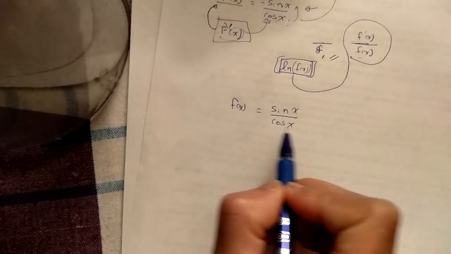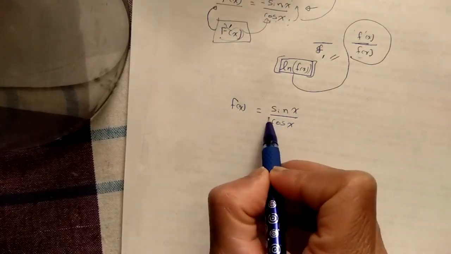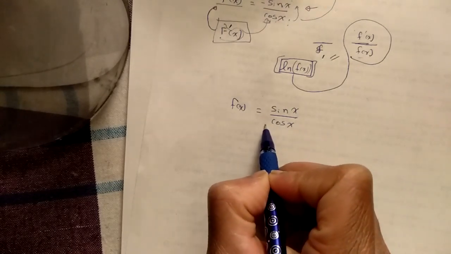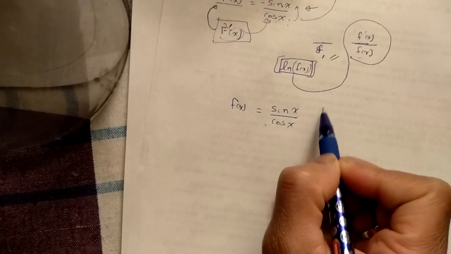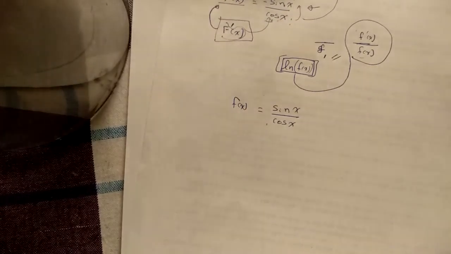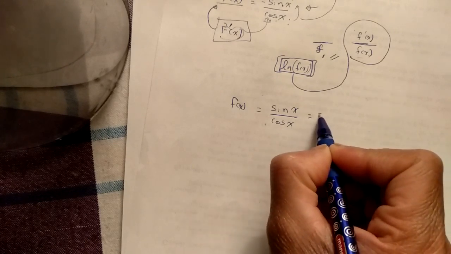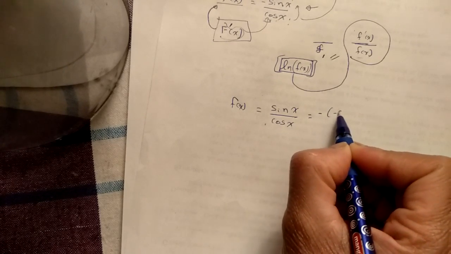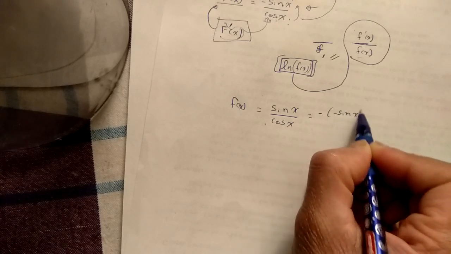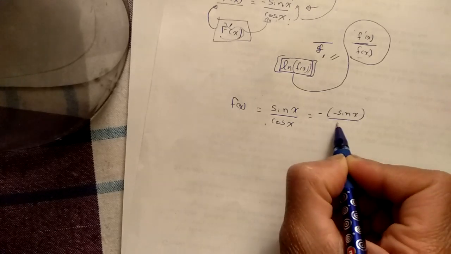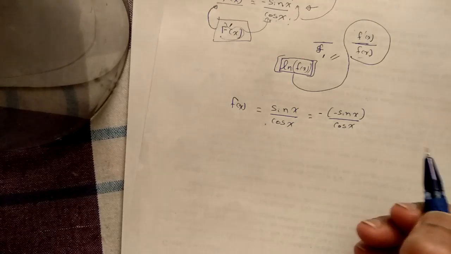Now here we can see that the derivative of the denominator is not exactly written in the numerator, but still you can do some simple rearrangement so that you will get the derivative of the denominator.